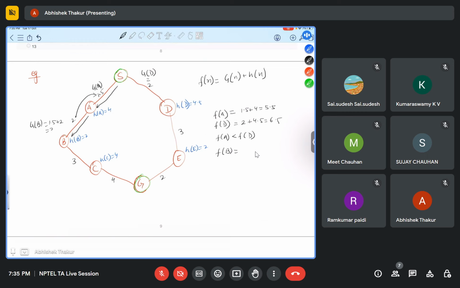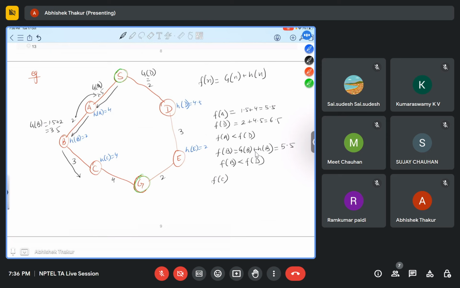So that is equal to 3.5. That is equal to g of B plus h of B, so 3.5 plus 2, that is equal to 5.5. And still f of B is less than f of D. So we will go in this direction.